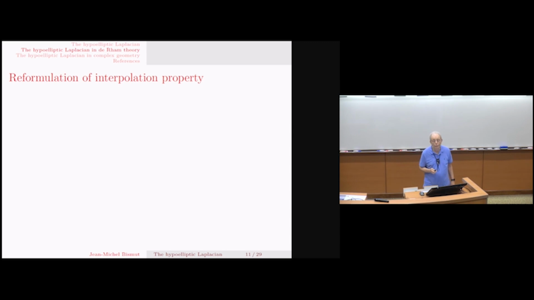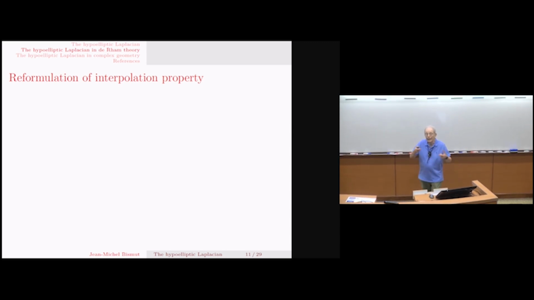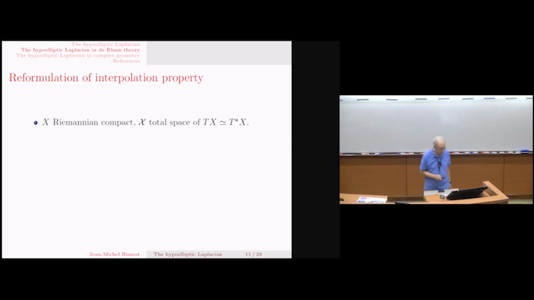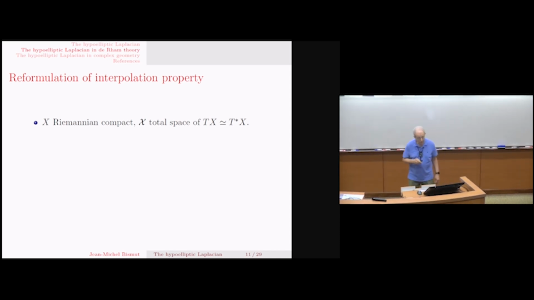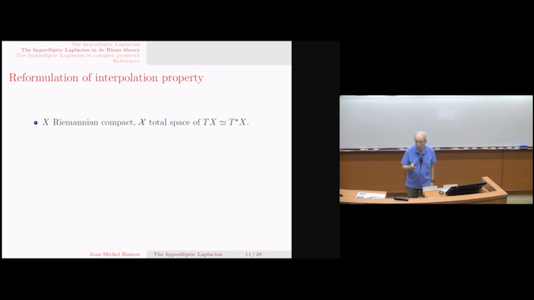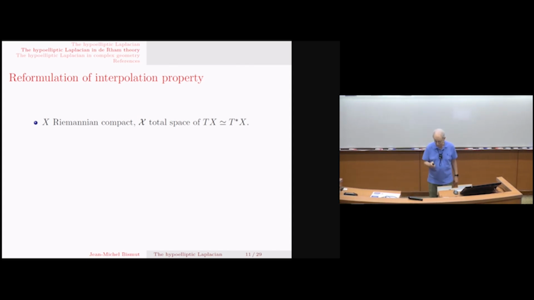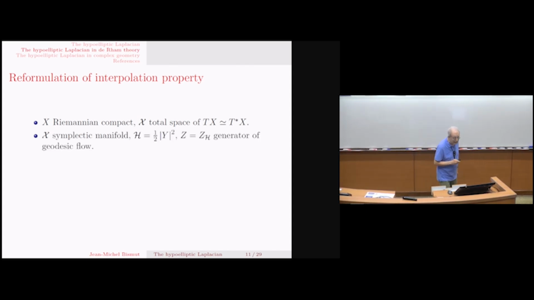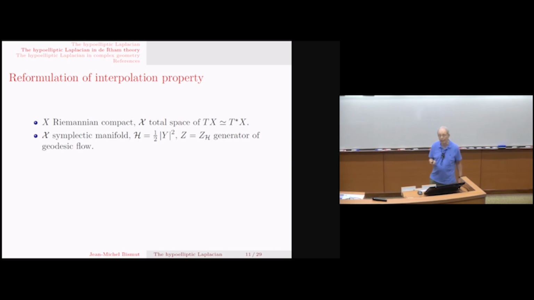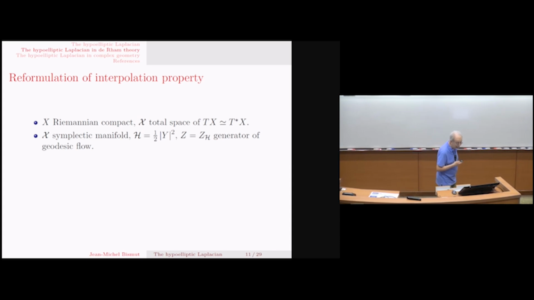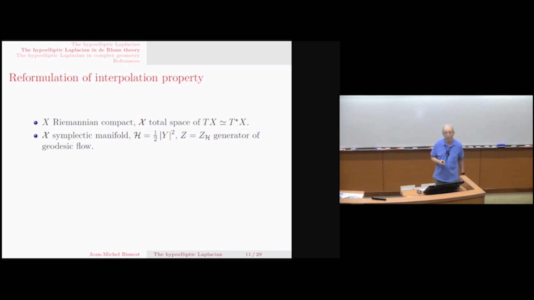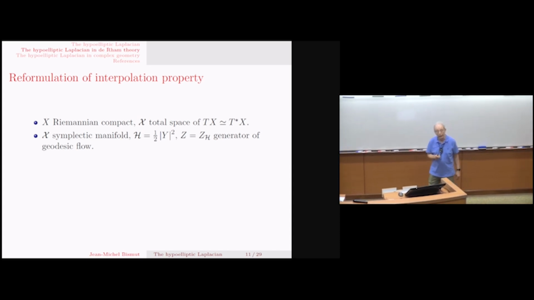So let me now reformulate the interpolation property that I claim to be true for the hypoelliptic Laplacian. I give myself again X, a compact Riemannian manifold, and script X, the total space of TX, which is the same as T*X by the metric. As we know, script X is a symplectic manifold. The cotangent bundle is a symplectic manifold, and I will introduce as a Hamiltonian H equals half of |Y|².